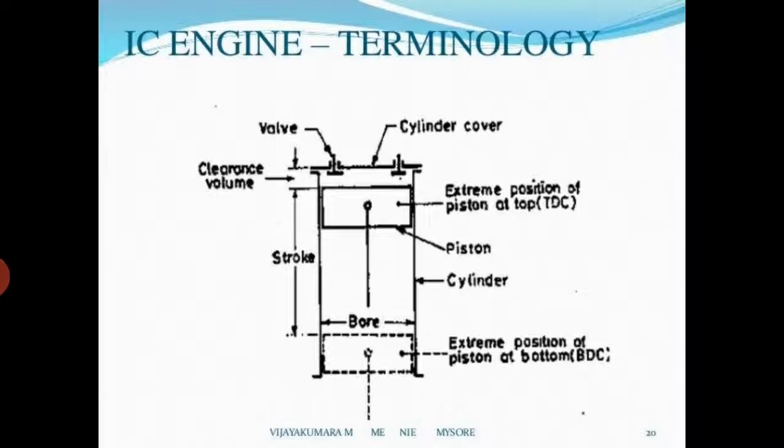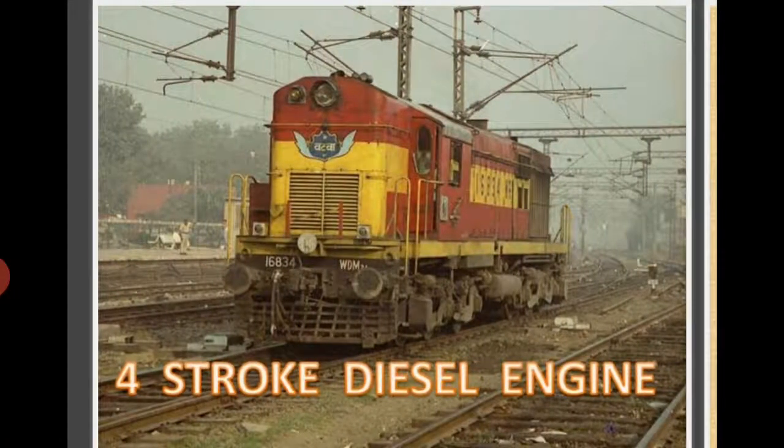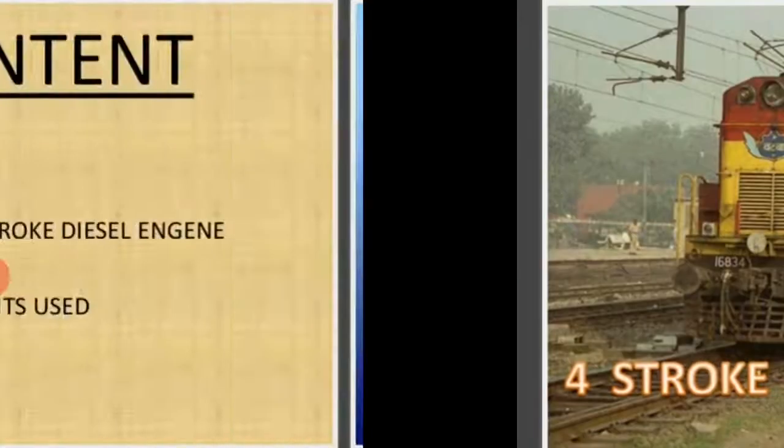Now after explaining the engine terminology, we will discuss the working principle of the four-stroke diesel engine. Why it is called four-stroke, we will discuss later on. Here is a simple example picture describing a four-stroke diesel engine, a railway engine.